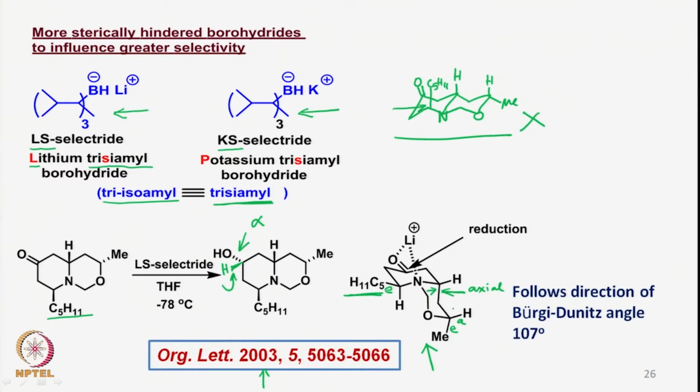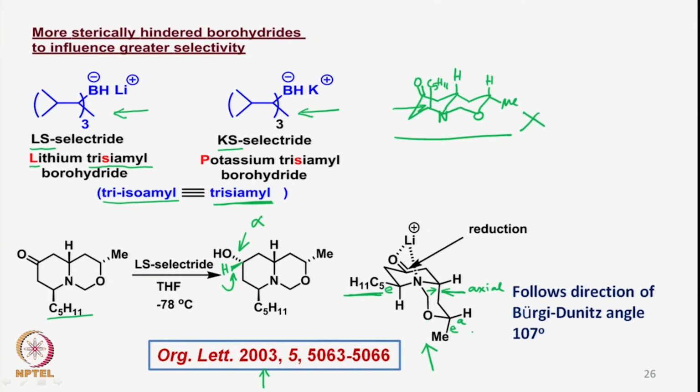This is very easily seen by this particular conformation, and there are two reasons why this conformation is preferred. One is of course that the bulky substituent prefers equatorial orientation, and then between the trans as well as the cis type of decalone molecules, we prefer the cis one.